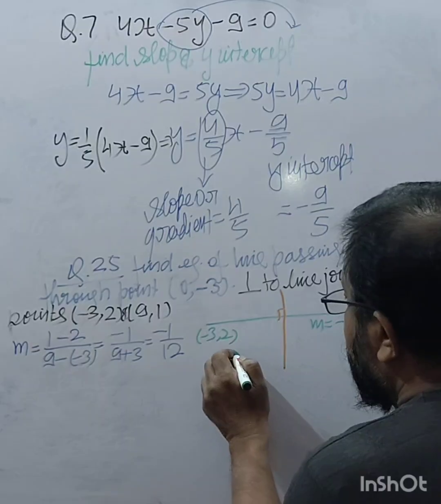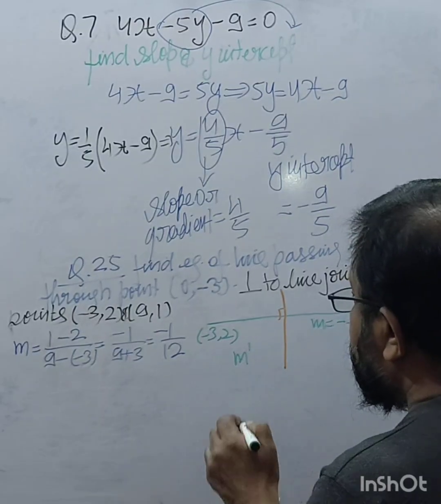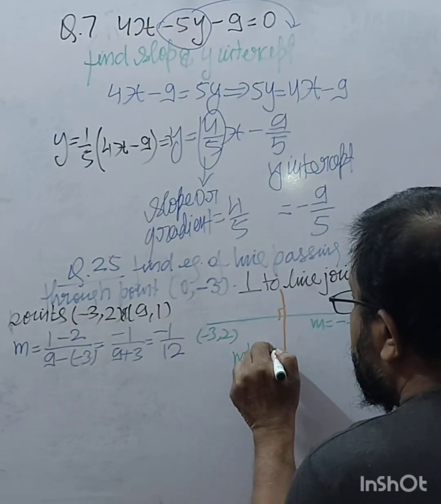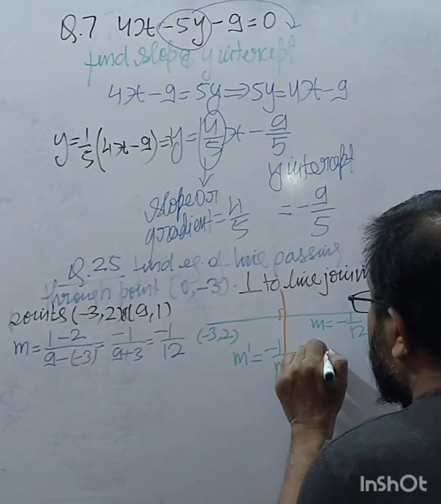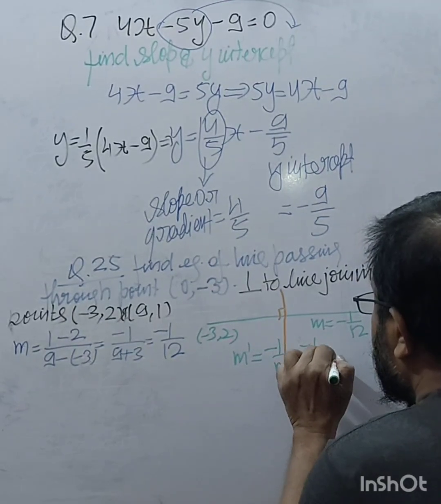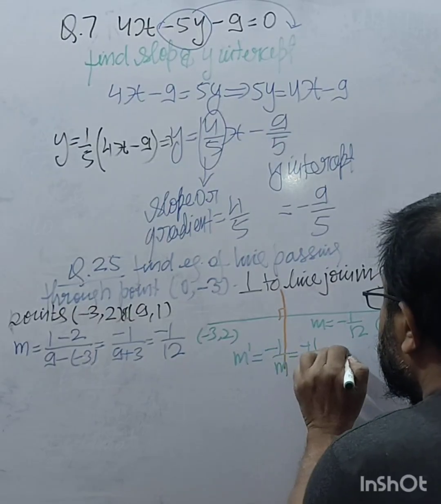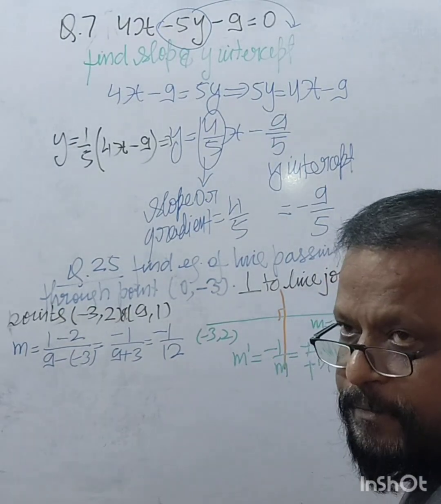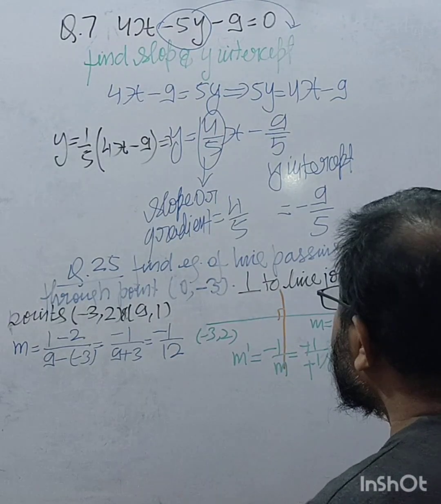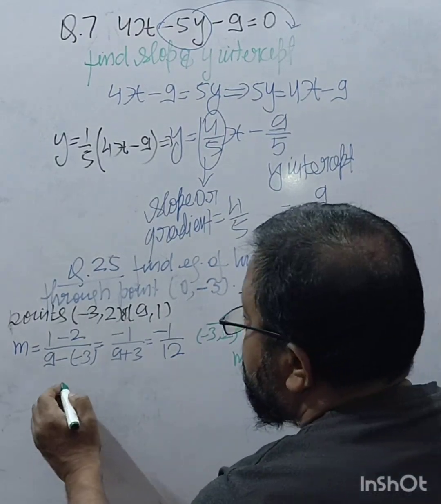So the slope m dash is equal to negative 1 upon m. So it is minus 1 upon minus 1 upon 12. Minus minus cancel, so it is 12. M dash is 12.